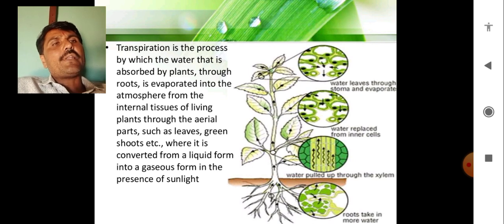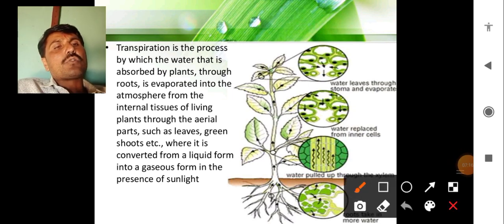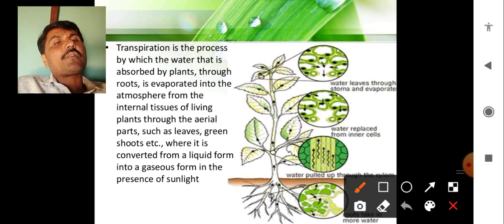Well, by studying the model of transpiration in plants, look at this figure as we move from downwards to upwards. Observe the underground part, the root, which takes in more water via the root hairs and roots. This absorbed water is moved upwards towards the aerial parts. In this diagram you can observe the arrows, which show the path of water molecule movement.